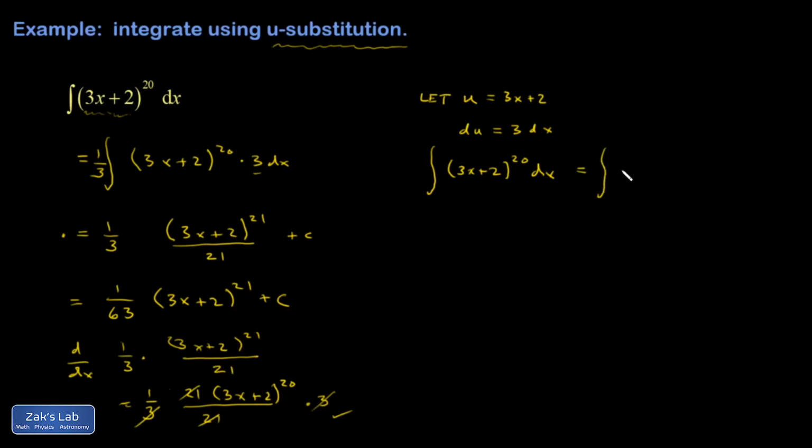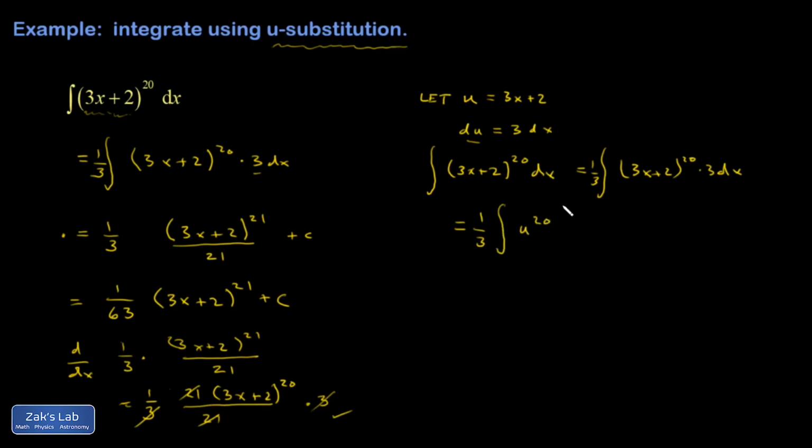is equal to the integral of (3x plus 2)^20 times 3 dx. I'm just forcing this du to happen with a 1/3 out in front. And then I get 1/3 integral. Well, that's just u. That was the whole point.